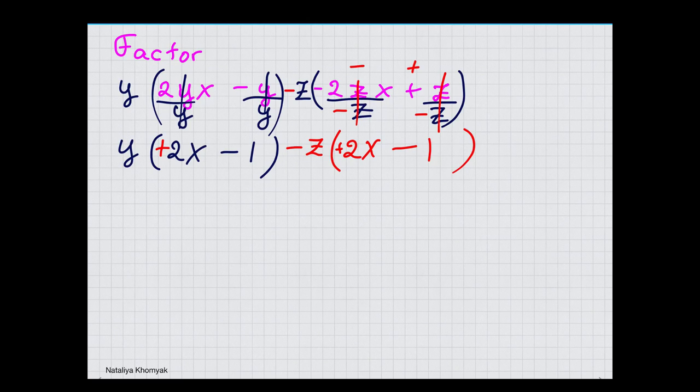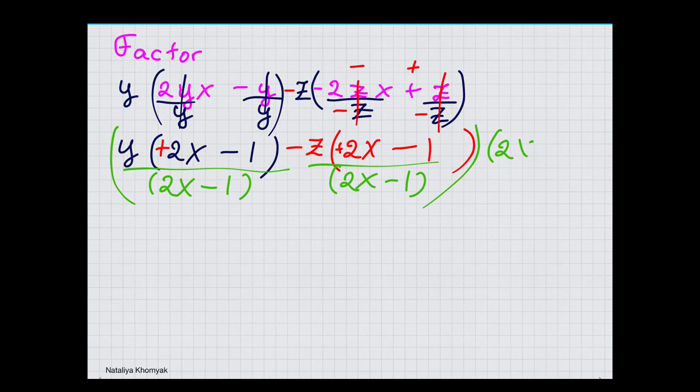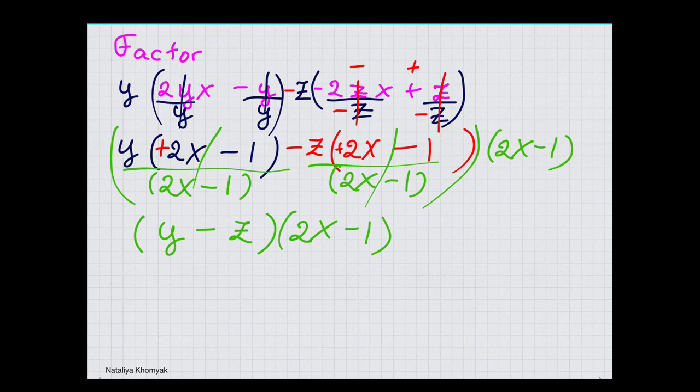Now that we have matching parentheses, we can take out this factor of 2x minus 1. So this cancels, and we have y minus z left over times 2x minus 1. And this is our solution.